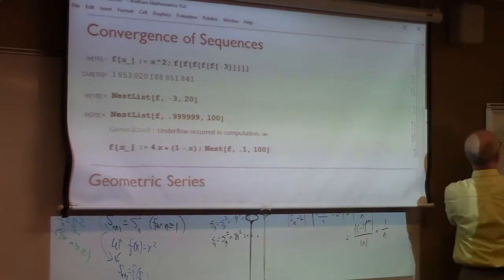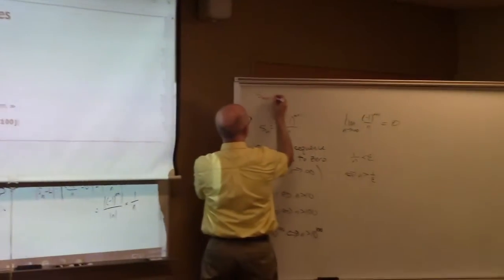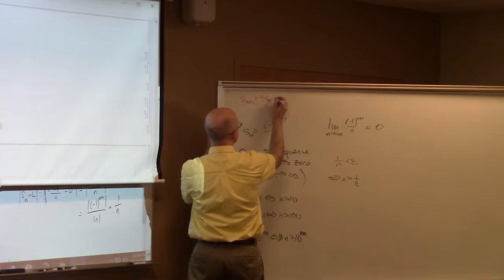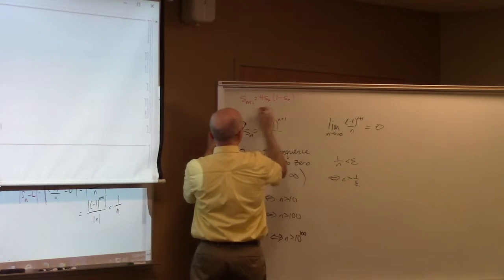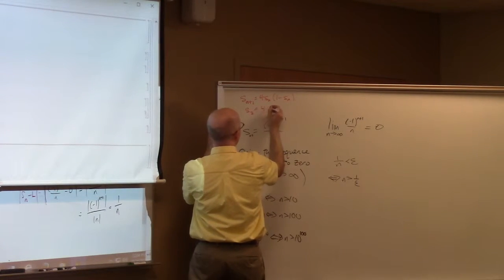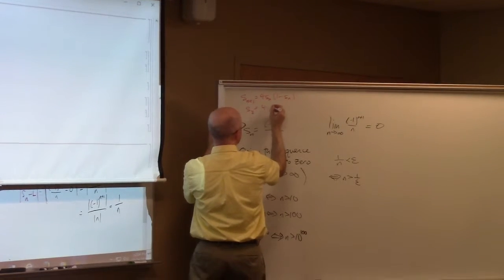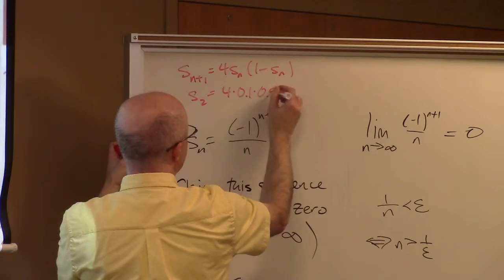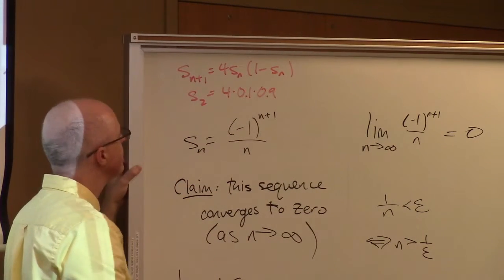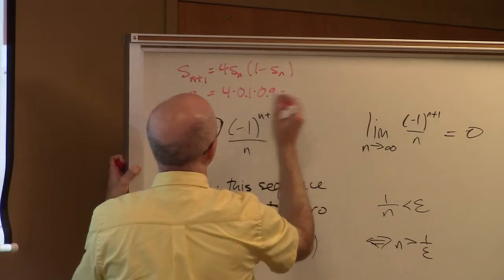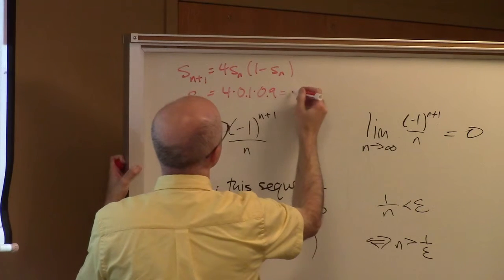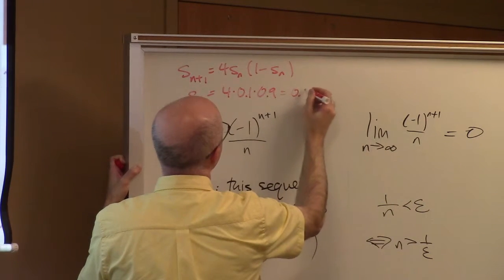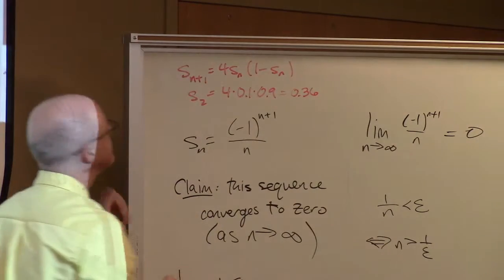With this function here, the recursive formula would look like this. S2 would be 4 times S1 times 1 minus S1, 4 times 0.1 times 0.9. And what would that be? 0.36, is that right? I think so.